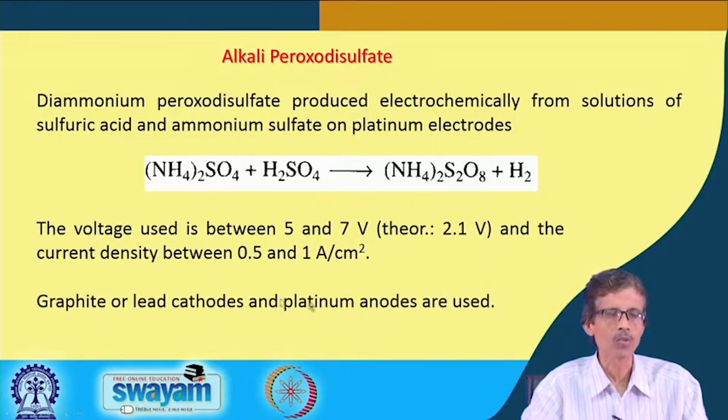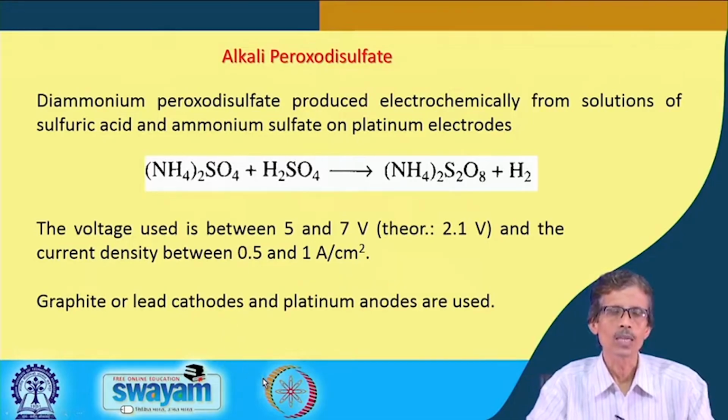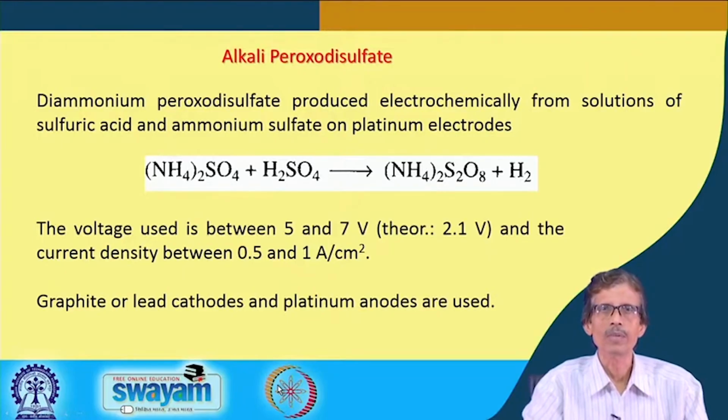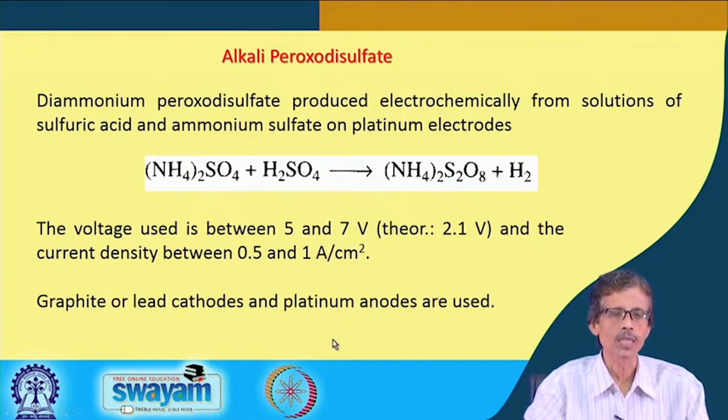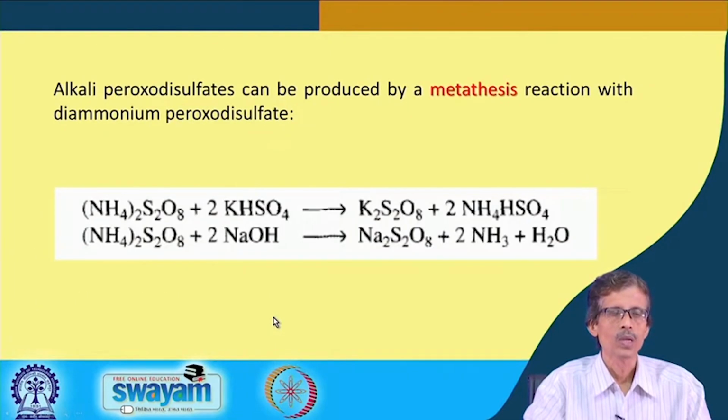So, platinum anodes and graphite and lead cathodes are very useful for the production of an industrially important material based on peroxides, and we will also see the areas where we can use those materials for other purposes.